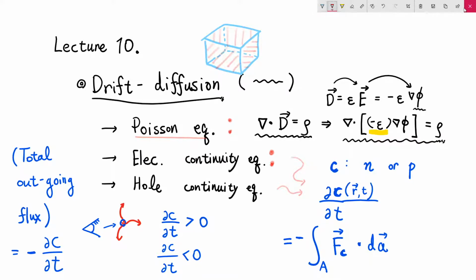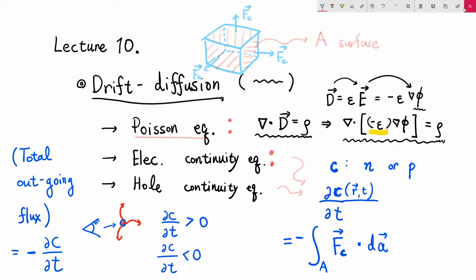The sum of these 6 faces corresponds to the surface. Then we take the surface integration over this small volume. For example, here we can think about the flux of carrier, and here also the flux of carrier.